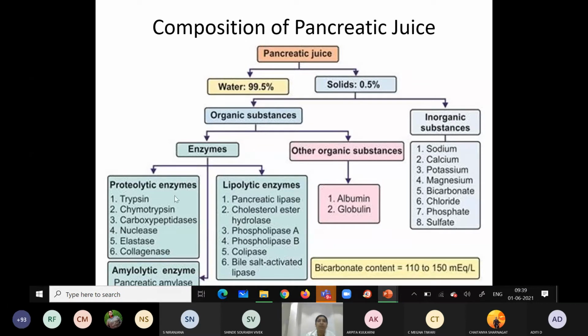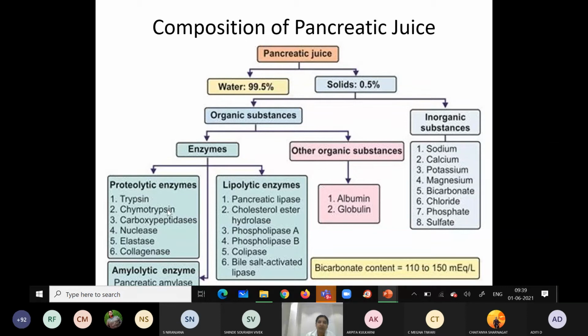So second is proteolytic enzymes. The most potent proteolytic enzyme is trypsin. Remember, so trypsin, chymotrypsin, carboxypeptidase A and B, then nuclease, elastase and collagenase. You can see the name of each enzyme tells you which part of protein it is going to digest.